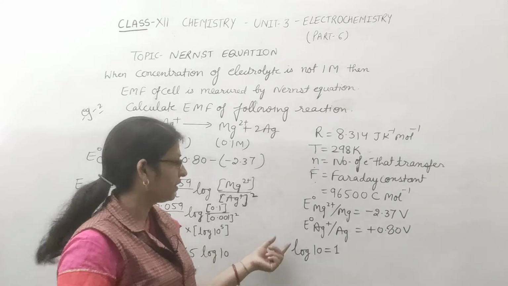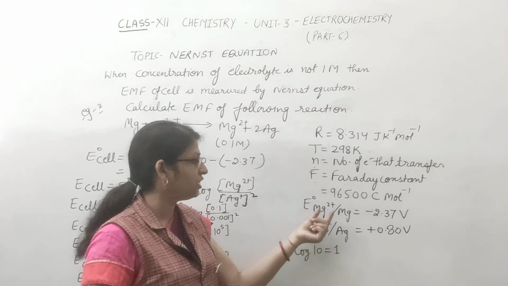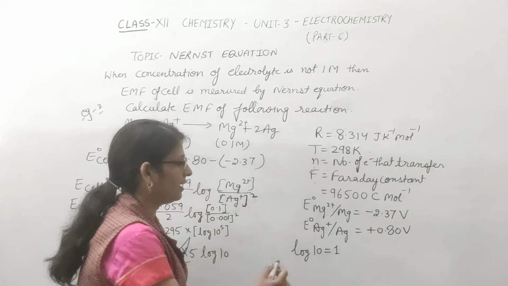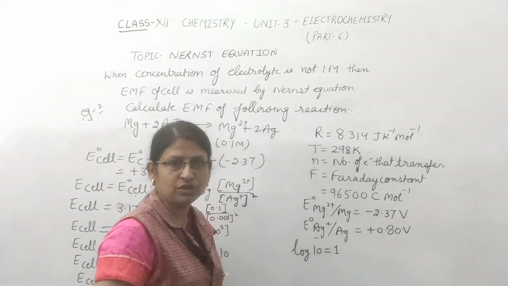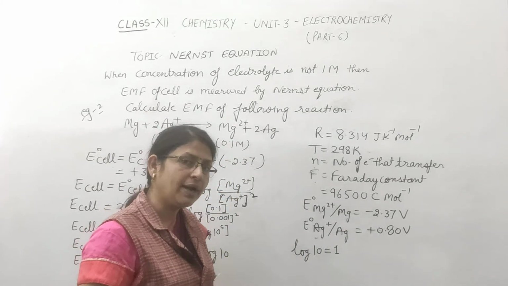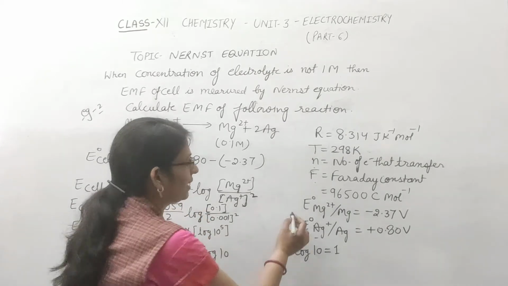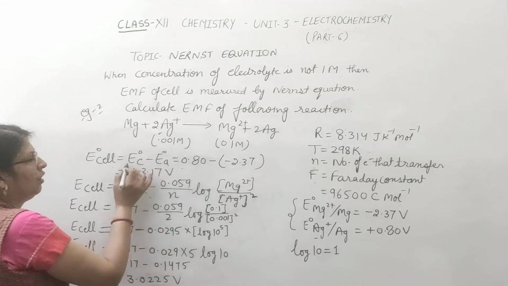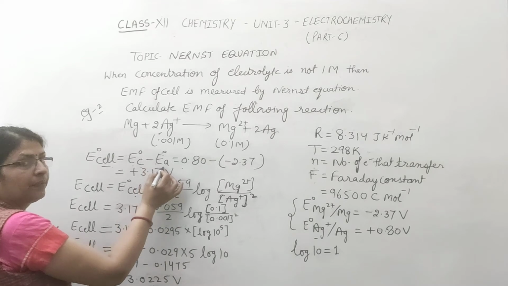Now in this reaction, E naught cell is not directly given. What is given is the standard electrode potential of magnesium, which is minus 2.37 volt, and the standard electrode potential of silver, which is plus 0.80 volt. You can calculate E naught cell, the standard EMF of the cell, with these two. E naught cell is equal to E naught cathode minus E naught anode.